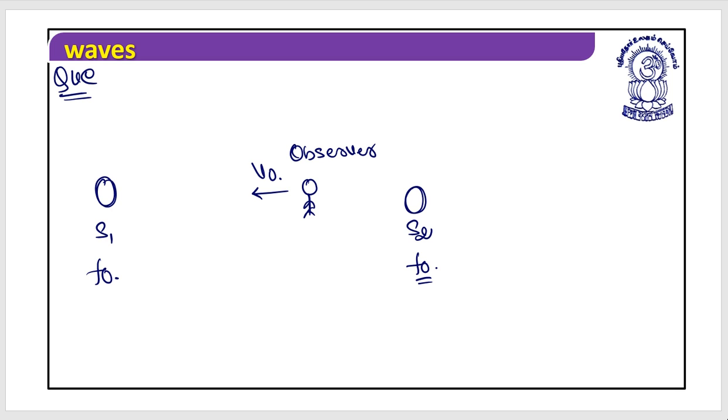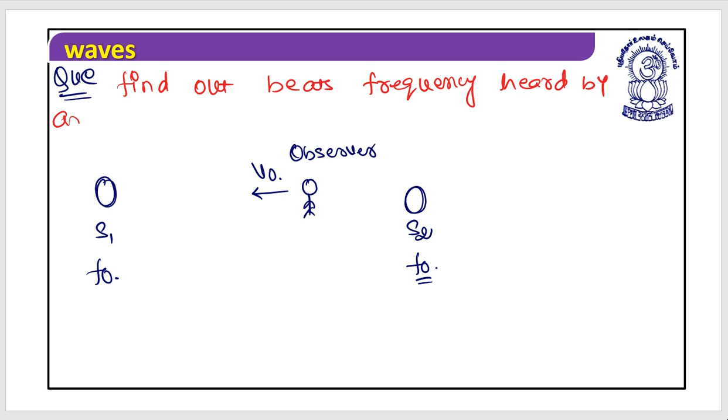The question is to find out the beats frequency heard by an observer. This is at rest, and this will be at rest too.